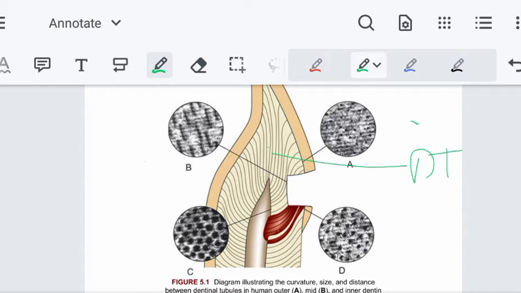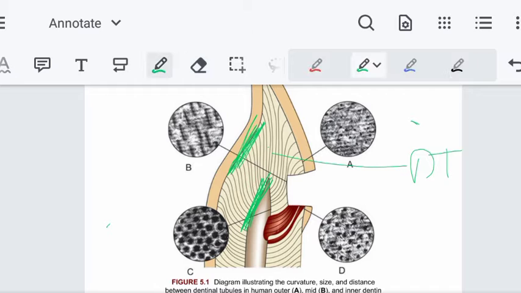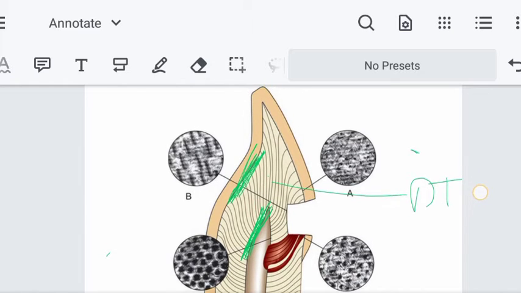See, these dentinal tubules are S-shaped, and near the root surface, the pulpal surface, and near the enamel surface, they are perpendicular like this. These dentinal tubules are S-shaped. They also contain secondary curvatures, which are known as secondary undulations.